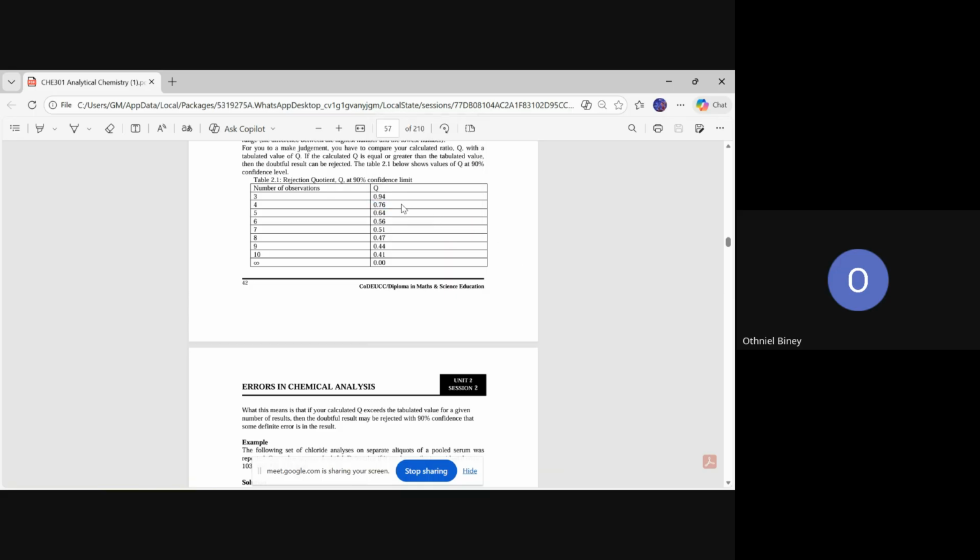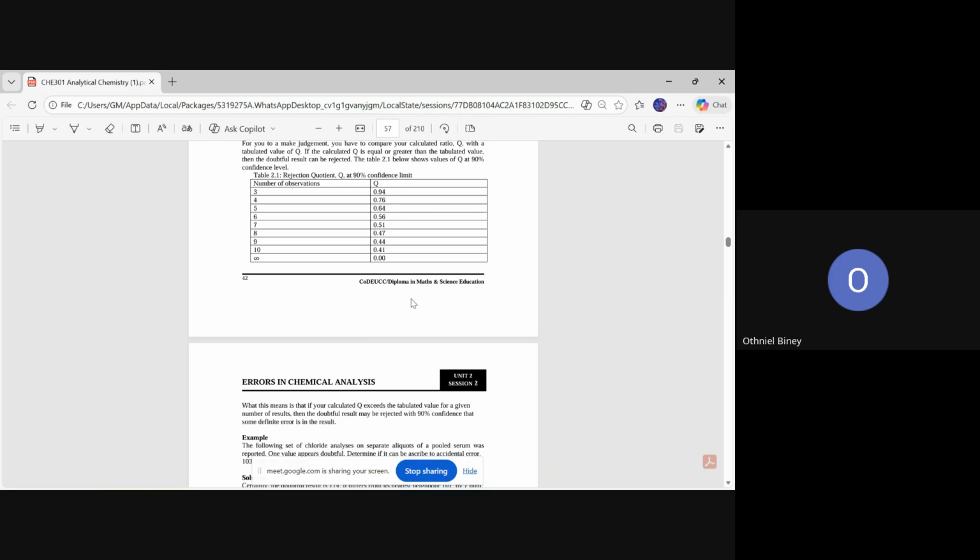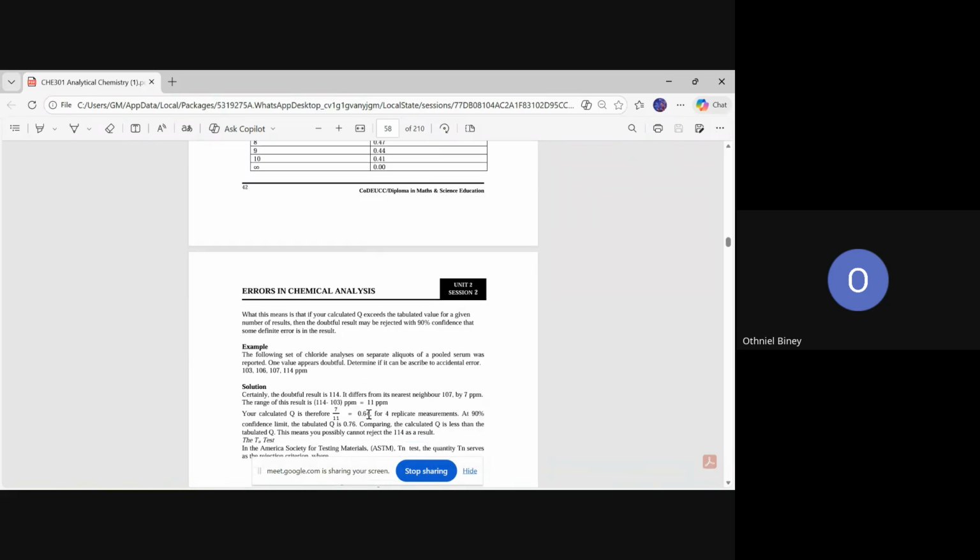From what we are seeing here, this is 0.76, and the value that we calculated was 0.64. Since the rule states that any value you obtain should be accepted when it falls within the Q value, the 0.64 can be accepted. I don't know if you guys get this.